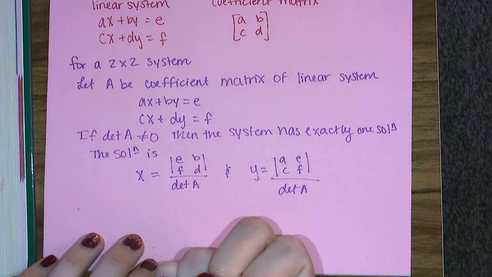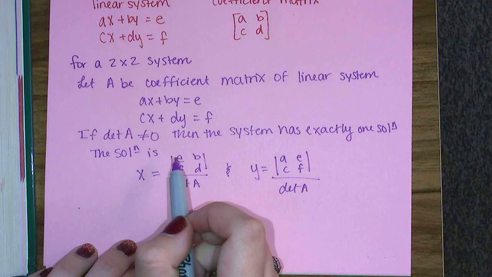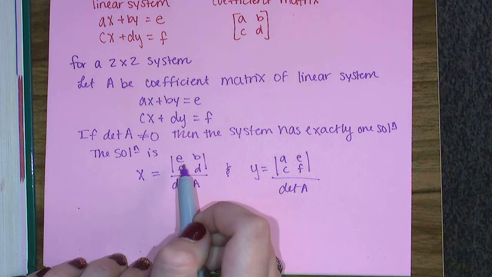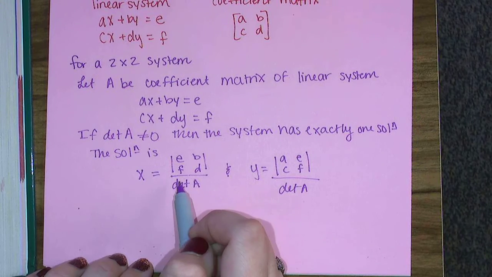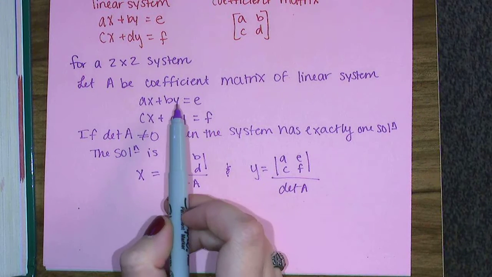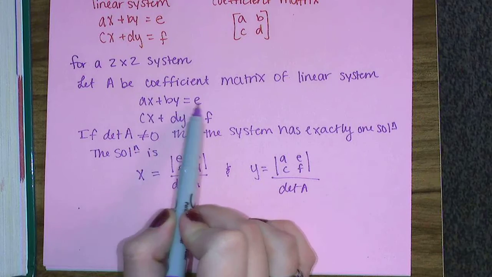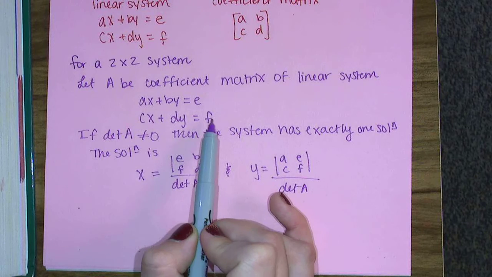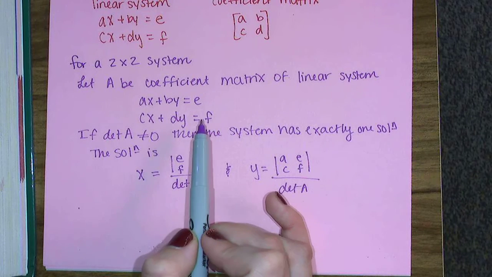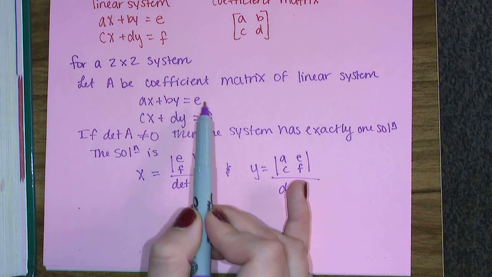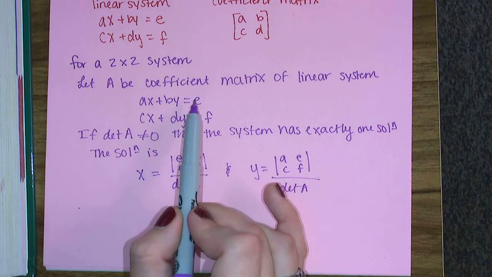Okay, let me show you where these are coming from. Basically, the X values are coming from what's left with the B, E, D, and F. So it's the determinant of those values. They're just switched.